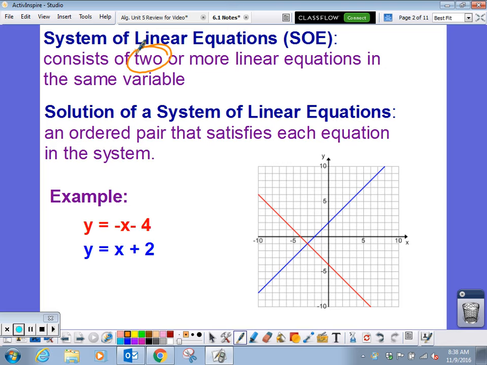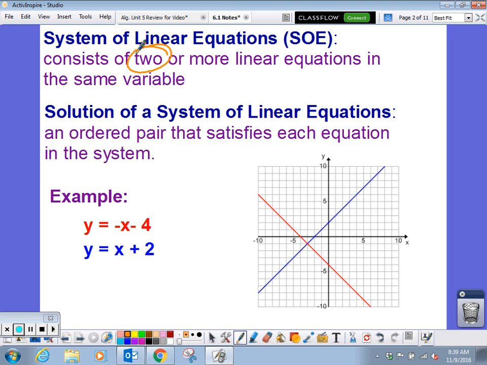That just means you're going to have an equation with a y and an x and another equation with a y and an x, or you may have just a y or just an x, but ultimately it's really just two equations that make up a system.